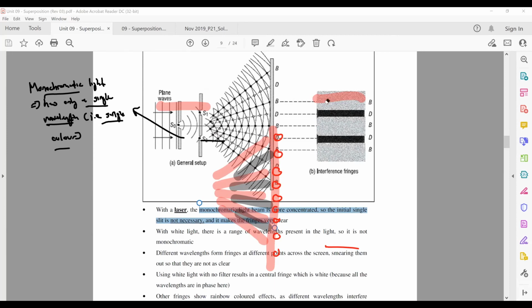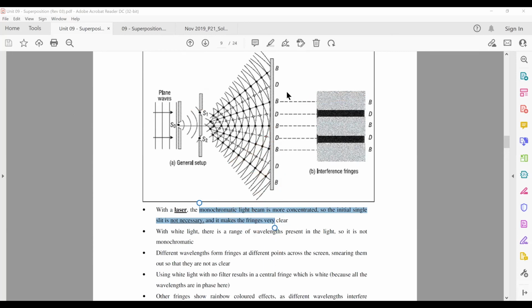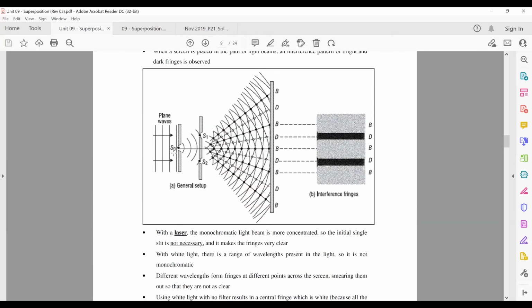So here, if you look back at page 9, usually when you want to use your double slit experiment to see the interference pattern of light, you would tend to use a laser, because for a laser, the light beam is more concentrated.